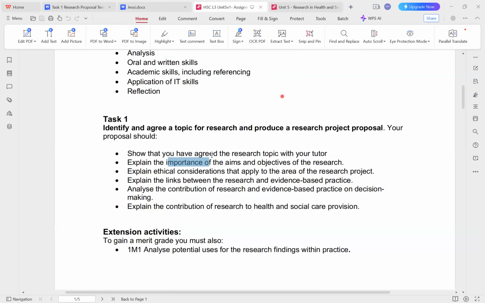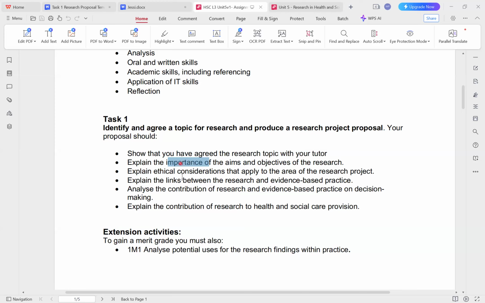But we would recommend that you have at least 2 objectives in your research project. And your aims are obviously going to be broader. Your objectives become more specific. So we've talked about aims and objectives before in our sessions, the difference between them.